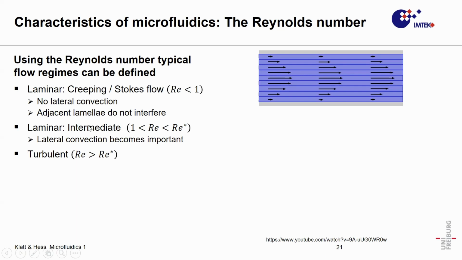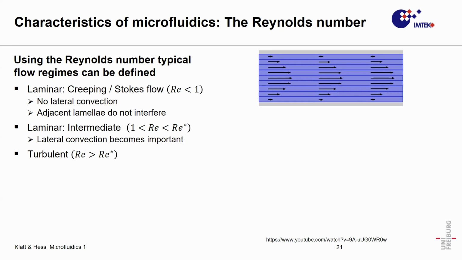The second regime is the laminar regime. Here the Reynolds number is higher than 1, so we do not have Stokes flow anymore, but it's smaller than a critical Reynolds number. And the critical Reynolds number is not a universal number, it's dependent on your problem. So for pipe flow, we usually consider the critical Reynolds number to be in the range of 2,300.